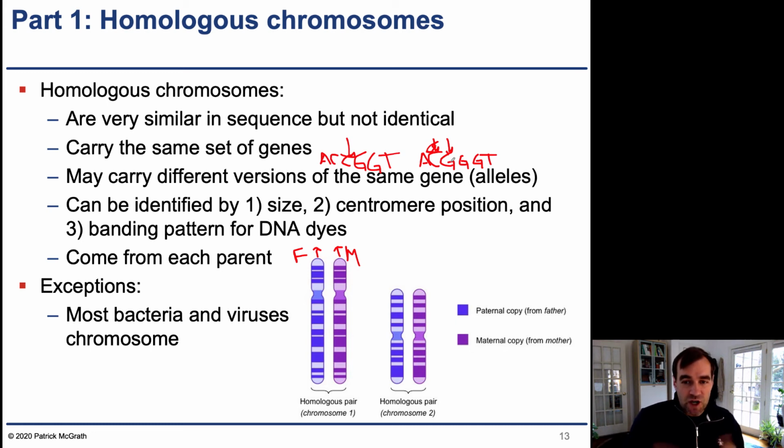When we talk about homologous chromosomes, it's important to remember that we have 2 copies of each gene, but there are subtle differences between them. On average, about 1 out of every 1,000 base pairs is different. So if you looked at your 2 copies and read this DNA, you would have to go about 1,000 base pairs before you found a difference between them.